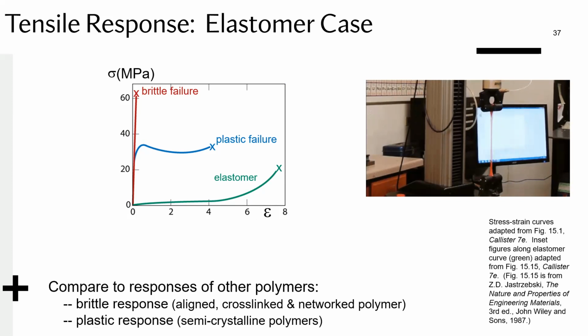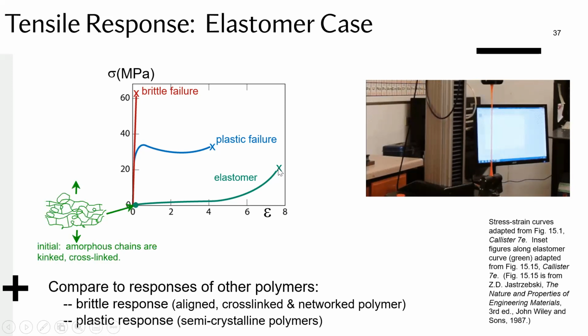And what that means is that as you stretch them, they become more stiff. So the slope of this curve is going to increase as you move forward. The way this happens is that you've got a lot of these amorphous chains again, but they aren't that highly cross-linked.